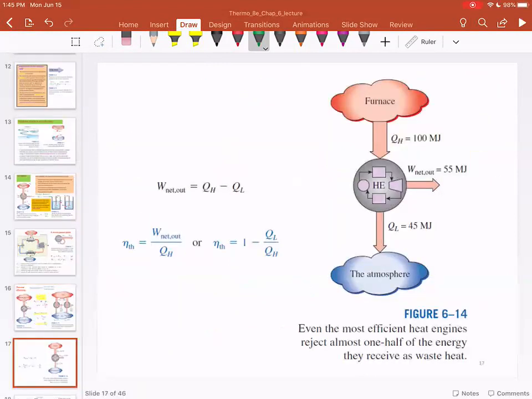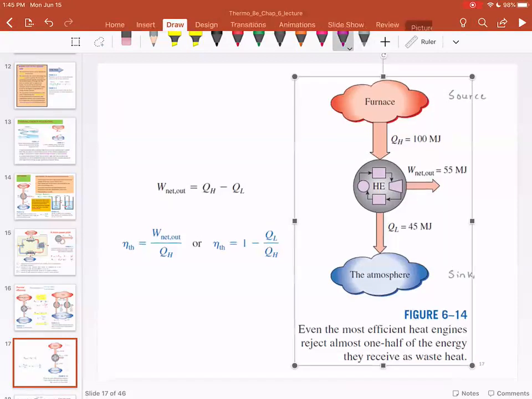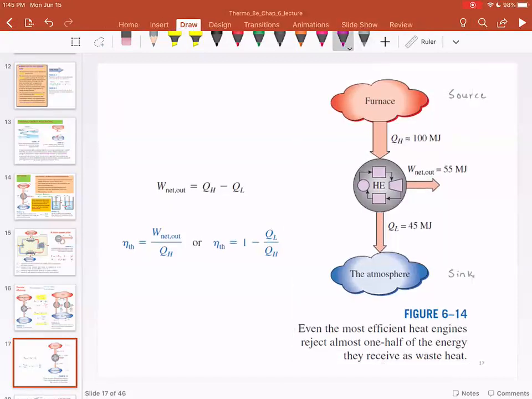Now, one thing I just want to tell you is when you have something like a furnace, and if you have a sink, we assume them to be reservoirs, and we assume them to be at constant temperature of TH and TL.